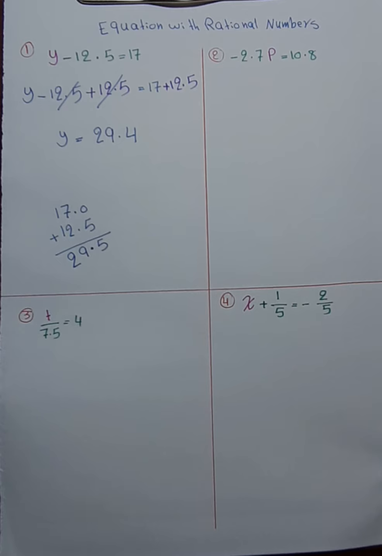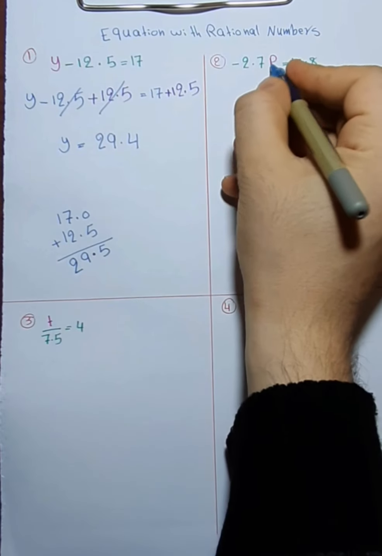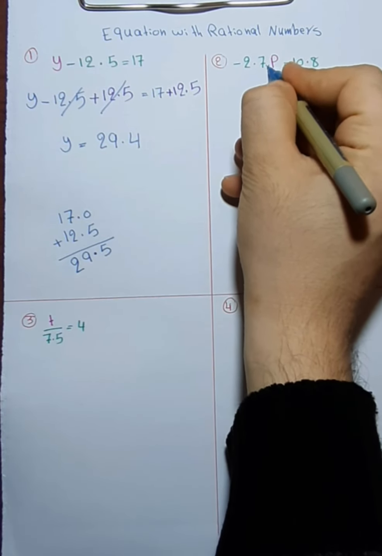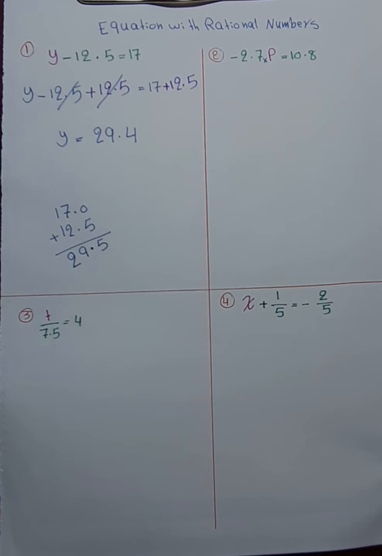Example number 2, we have negative 2.7p equal to 10.8. We have multiplication between negative 2.7 and p. When we have multiplication, we have to use division for finding the value of p.